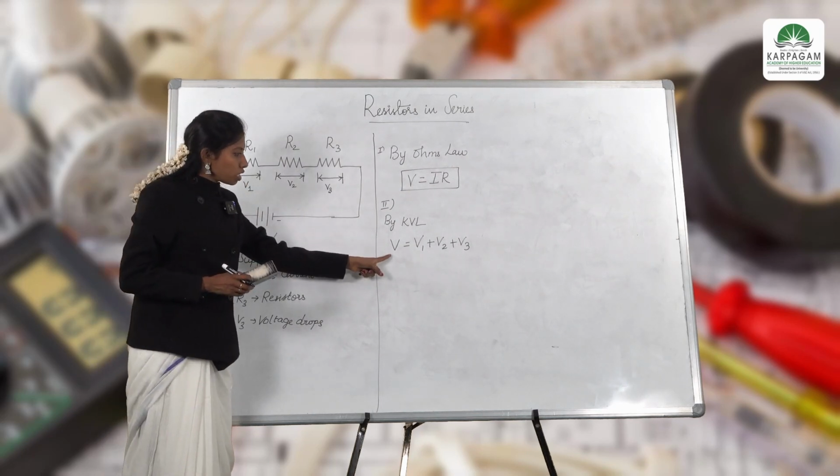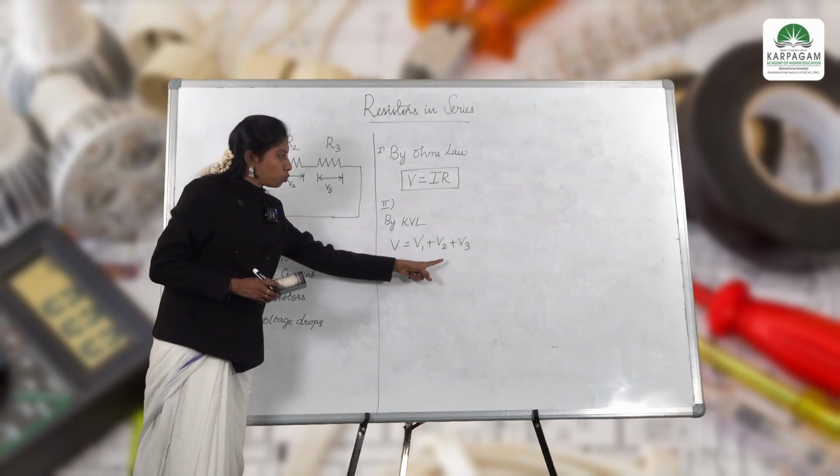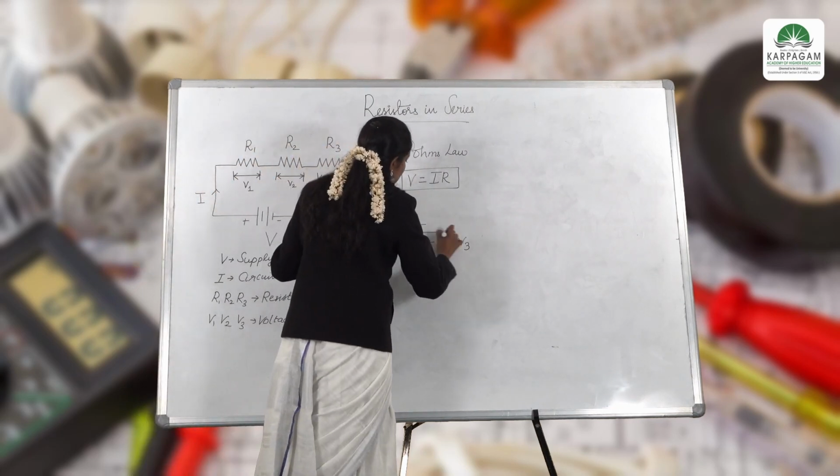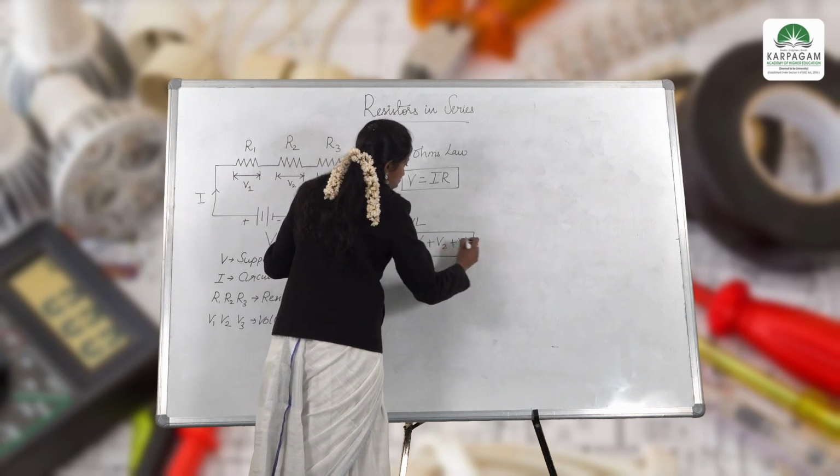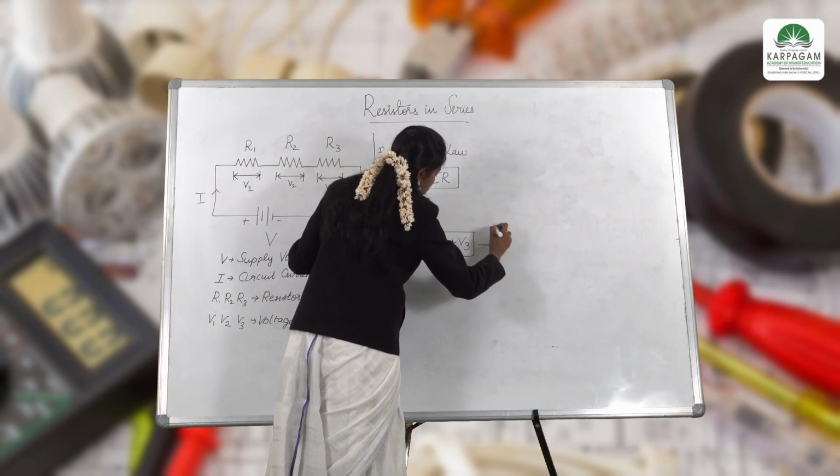So the total voltage developed will be equal to V1 plus V2 plus V3. This you also need to remember. So this is your first one.